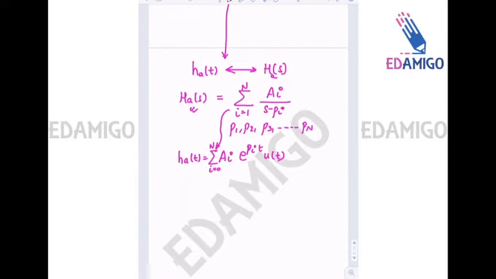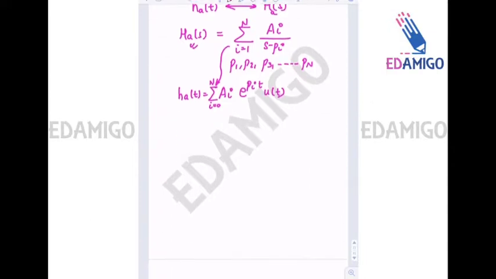Now we know that in impulse invariance transformation, h(n) is equal to h(t), where t equals nT.